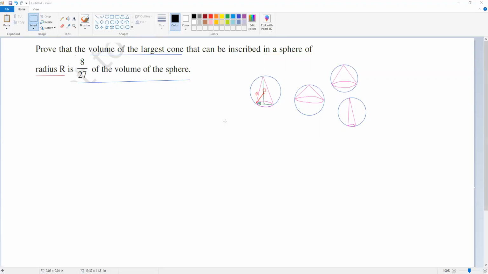Here is the height, h is the height, small h. Let this point be C. So we will take OC equal to x.